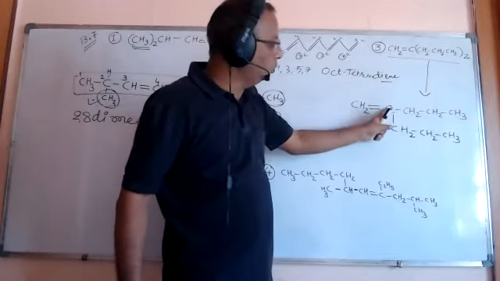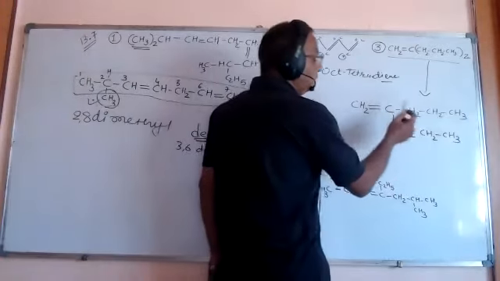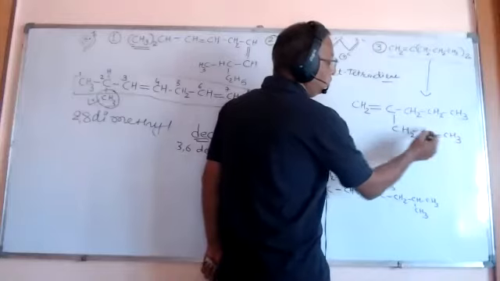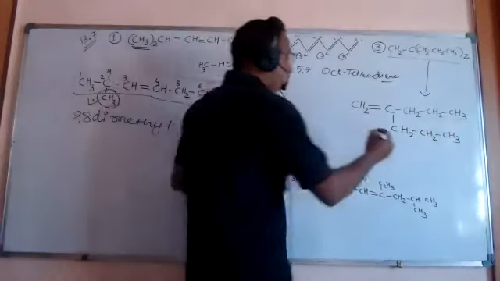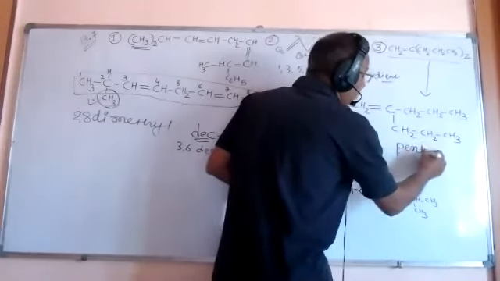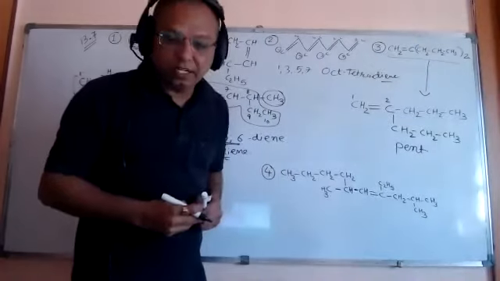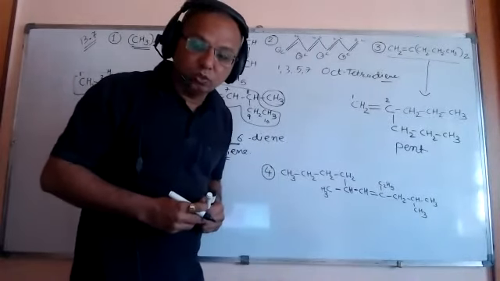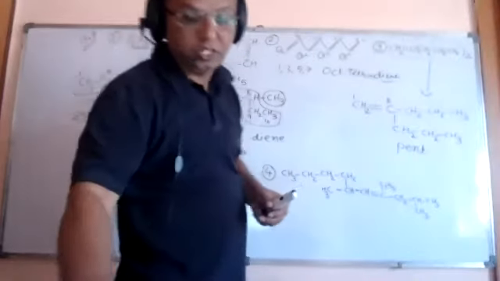So 1, 2, 3, 4, 5, either this one, or friends, we can write it 1, 2, 3, 4, 5. So 5 carbons are there. This is first, second, right? On second carbon, there are two things. One thing is propyl group is present, friends.